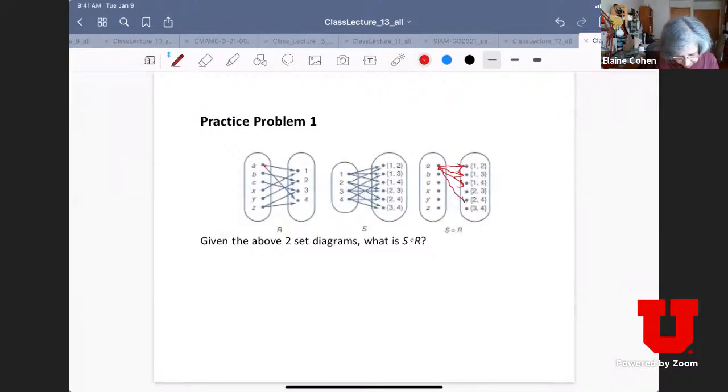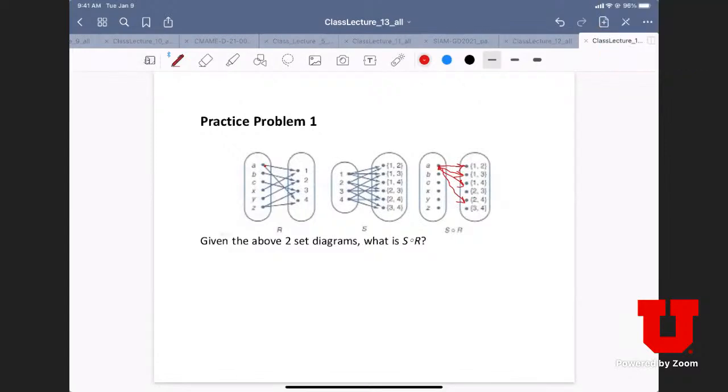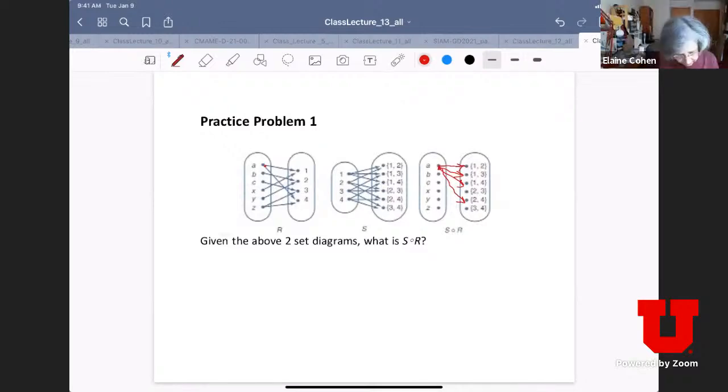So now we have A goes to 2, 4. And then A goes to 4 and 4 goes to 3, 4. So now we have A goes to 3, 4. So A goes to almost everything else in the final set that we're going to.